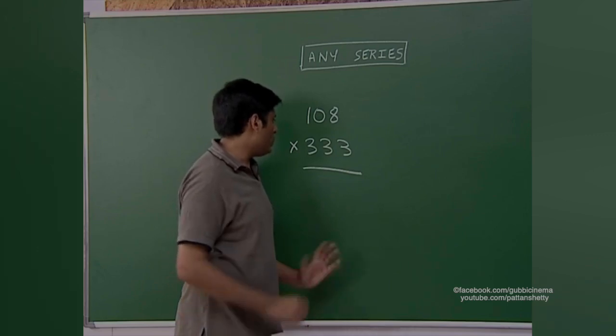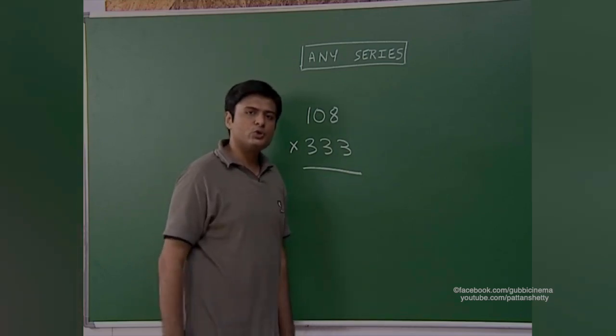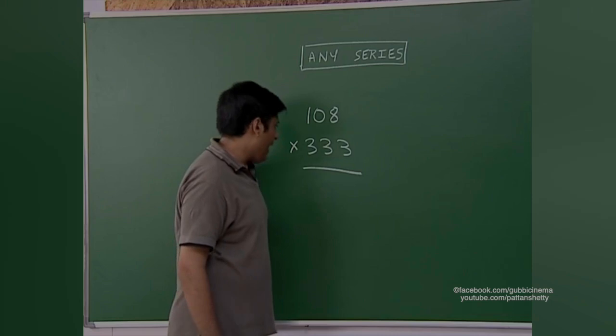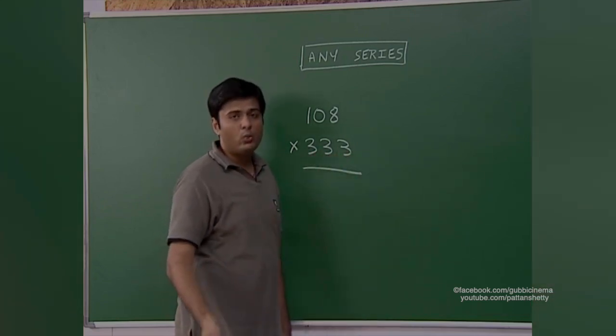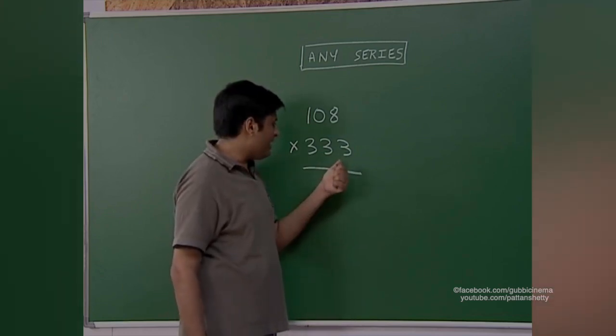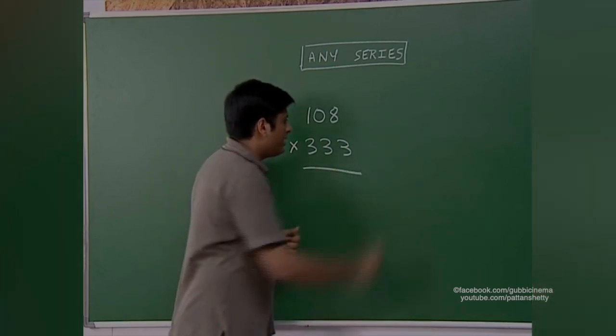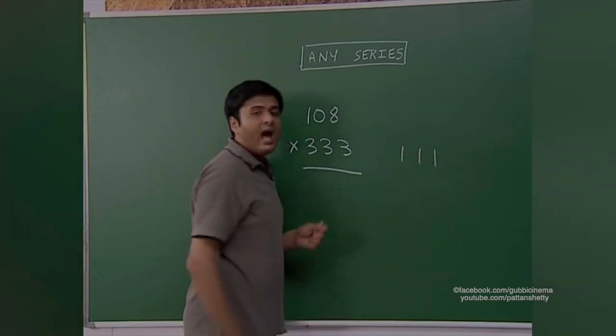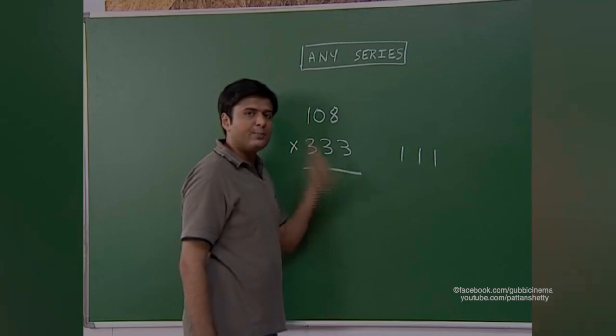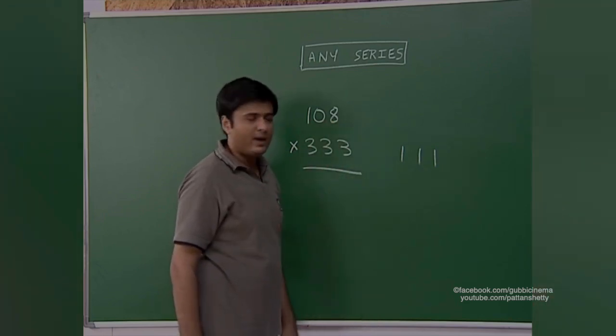Let us see what to do in this case. Suppose I want to use series of 1. Now, 333 has to be converted to 111. How do I do it? I have to divide this number by 3. I divide 333 by 3, I get 111. And because I am dividing by 3 in reciprocative, I have to multiply this by 3.